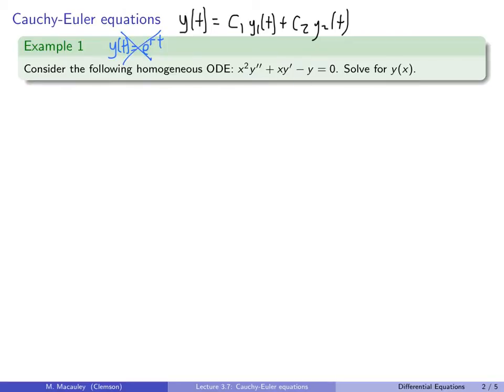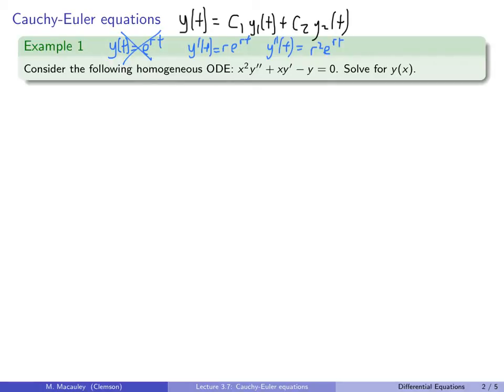And well, if you want to see why, let's try it. So y prime equals r e to the rt, and y double prime, I should be saying x, equals r squared e to the rt. Okay, so let's just suppose that these things were x instead of t, and let's plug this back in.